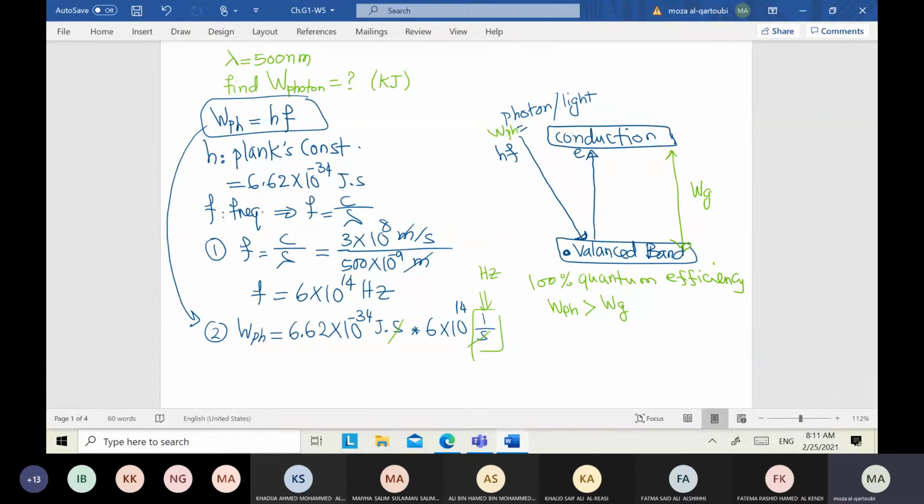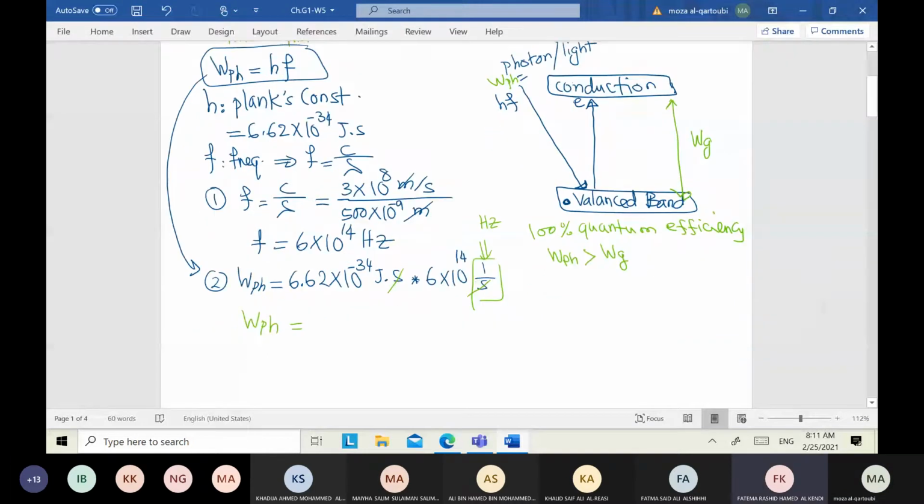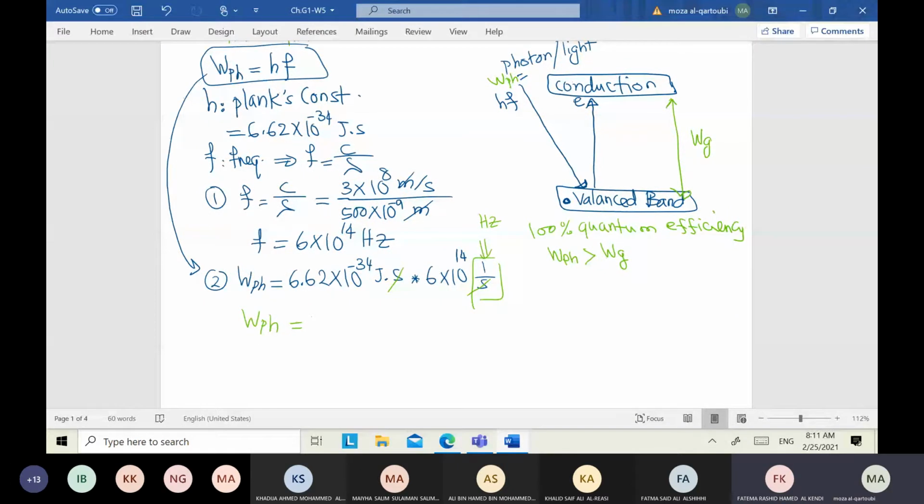So we'll find now energy of photon in joule equal 3.972 times 10 power minus 19 joule, given in joule, this is the unit.